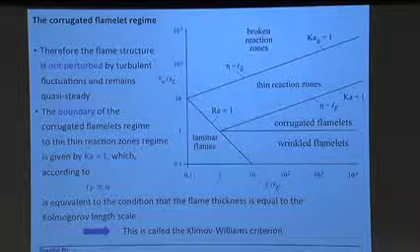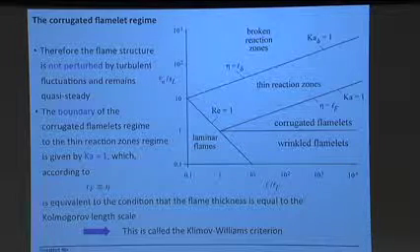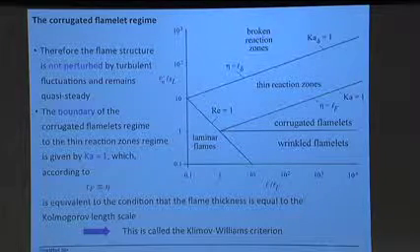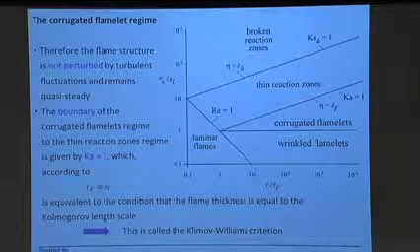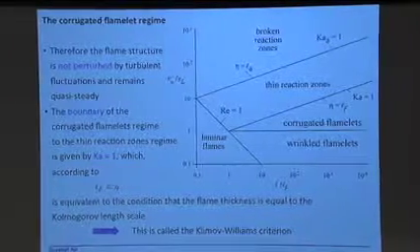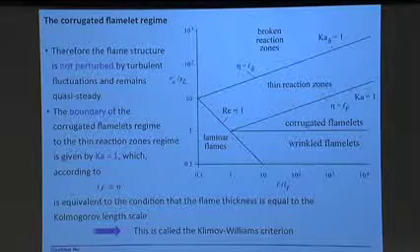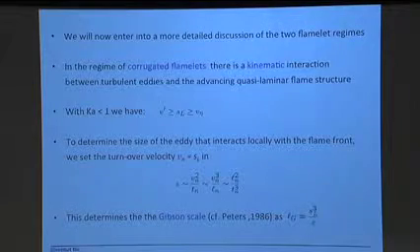Keep in mind that this line might move up or down a little bit depending on the conditions and depending on what the fuel is. So this here is a rough estimate, where all the others come out of the scaling directly.